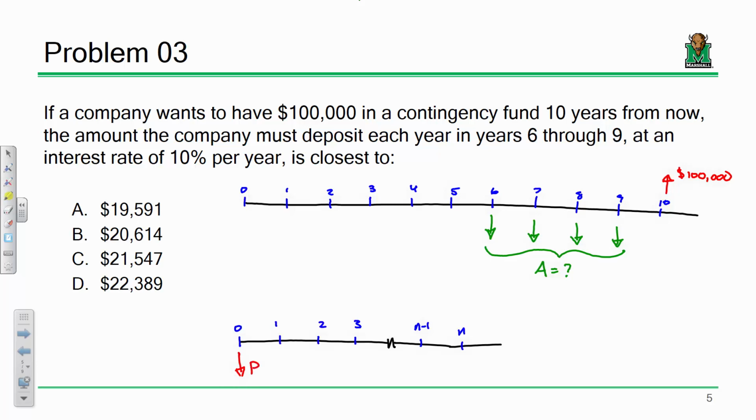We treat future values to be in year N. Everybody okay with that? Now, annual values start in year 1 and they continue to year N. So this would be an appropriate representation of an annual value, and my future value goes here. Is everybody okay with that?